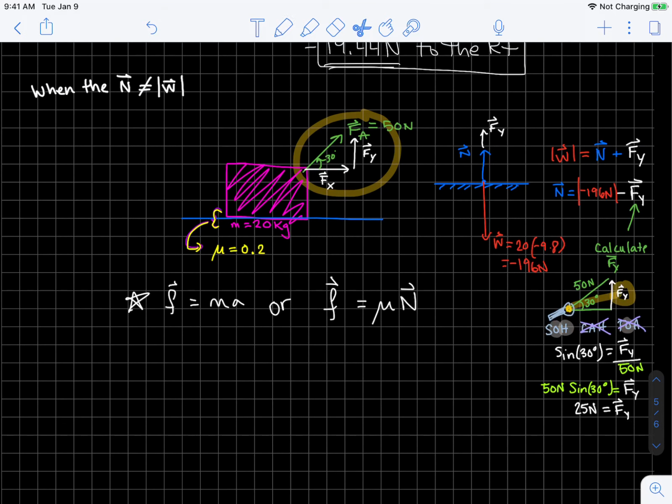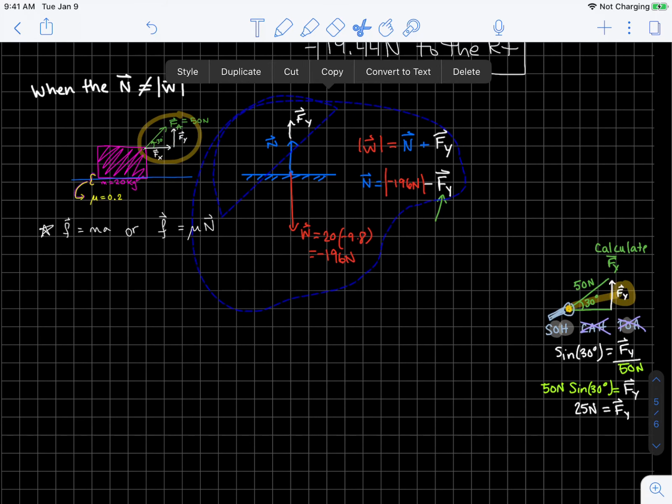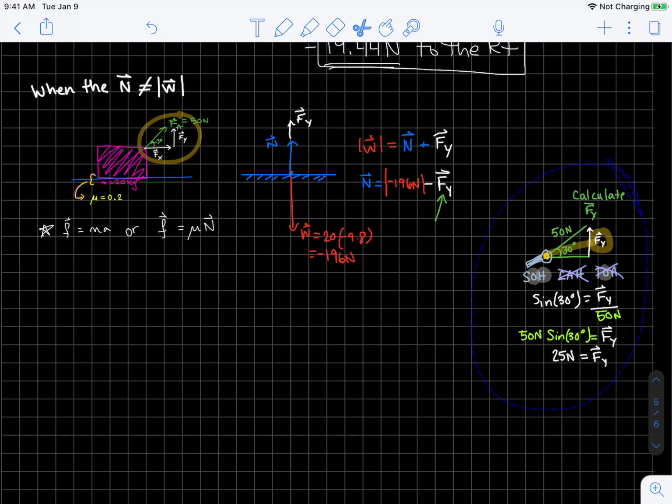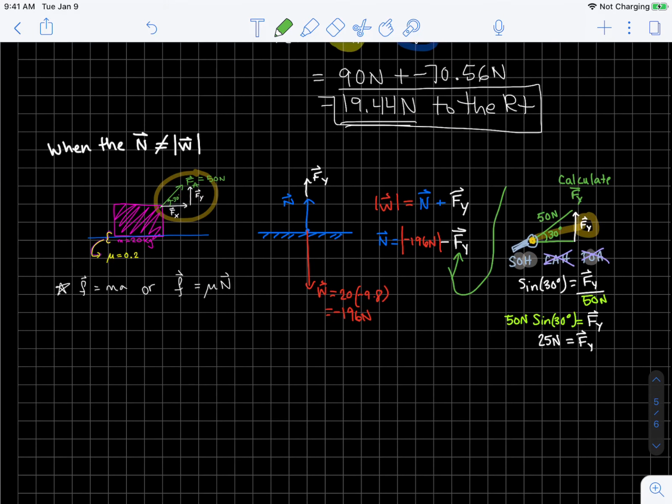Okay, so I'm going to move some stuff around really quickly here, just so I give myself more space. Now we're going to take that Fy that we found, and plug it into this equation here to find the normal force. Because again, what's our goal?